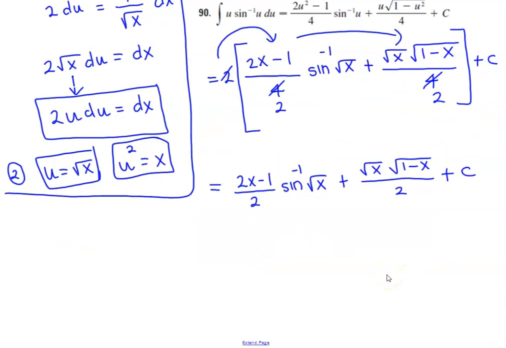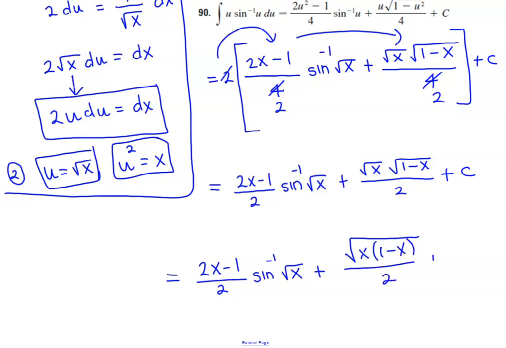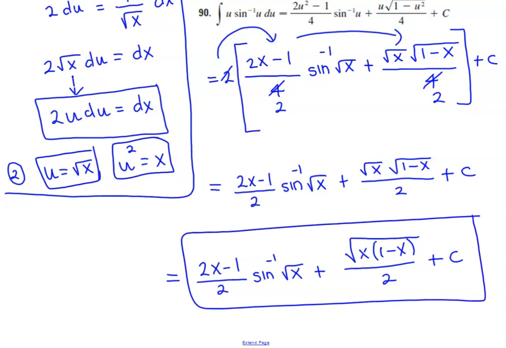And then if we want to simplify it a little further, we can just say this is 2x minus 1 over 2 times the sine inverse of the square root of x, plus in the numerator we have x times parentheses 1 minus x over 2 plus c, and therefore there is our result.